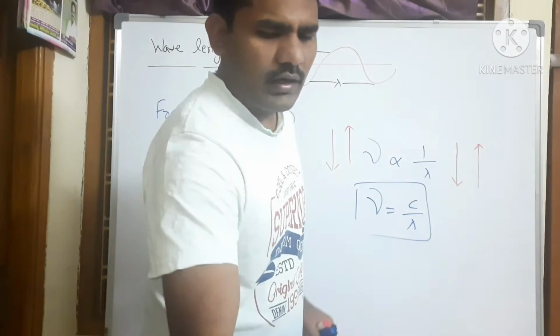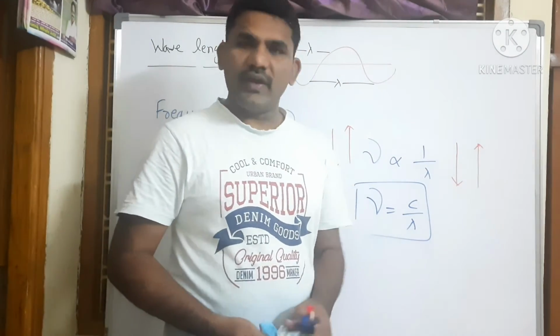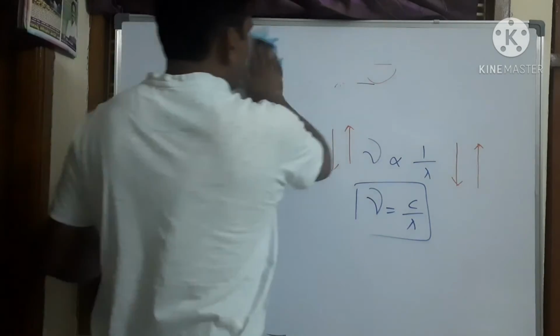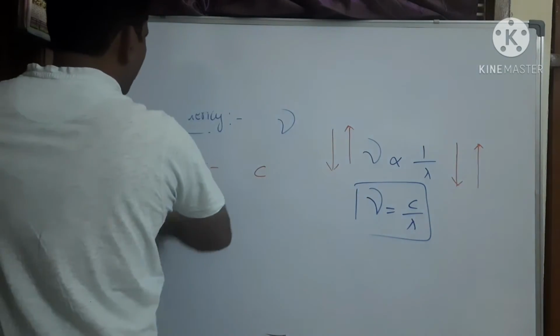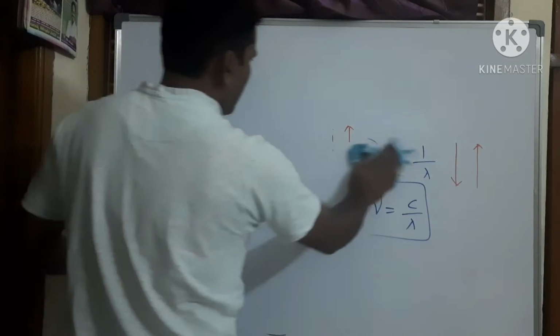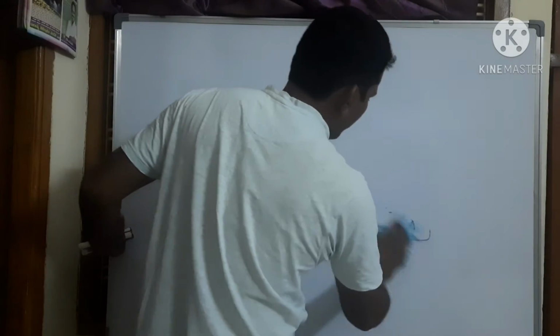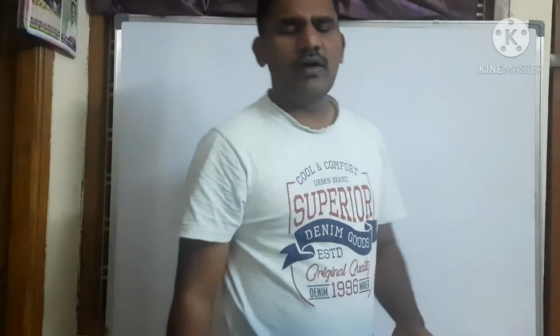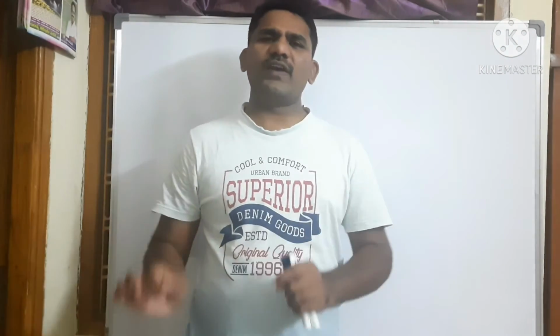This is about the electromagnetic wave. Next, this electromagnetic wave consists of waves of different frequencies and different wavelengths.